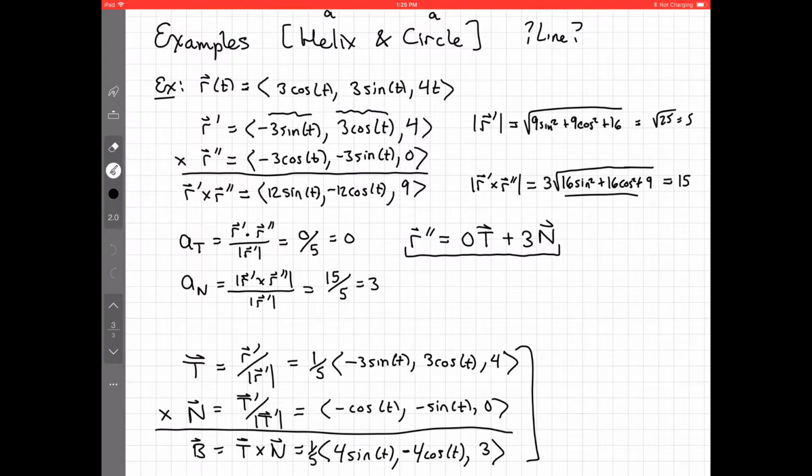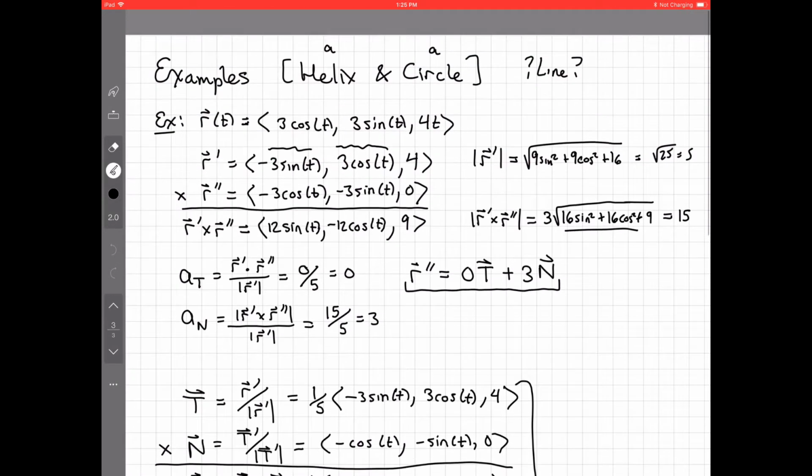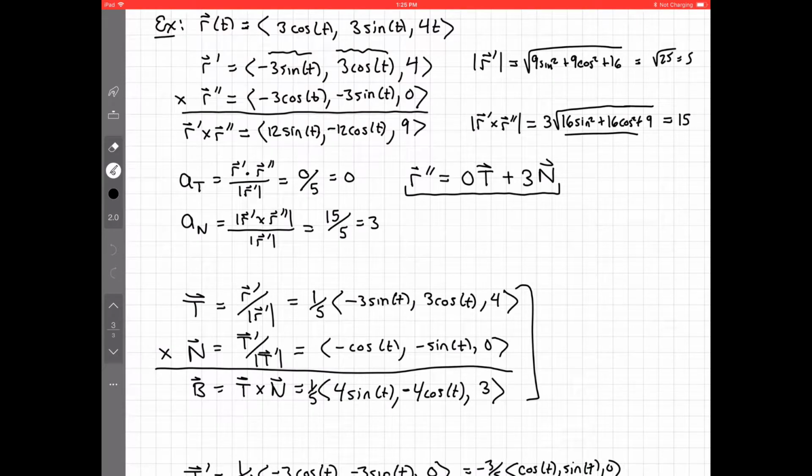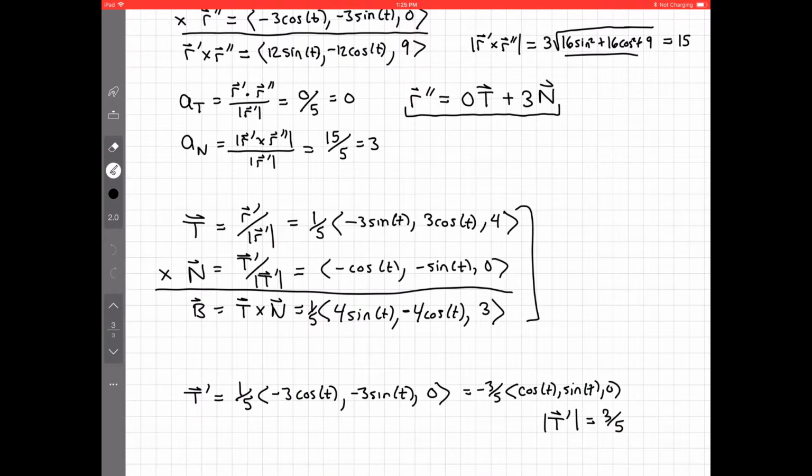So if you've already computed those things in the course of computing your TNB frame, you can just put them together and get curvature easily.